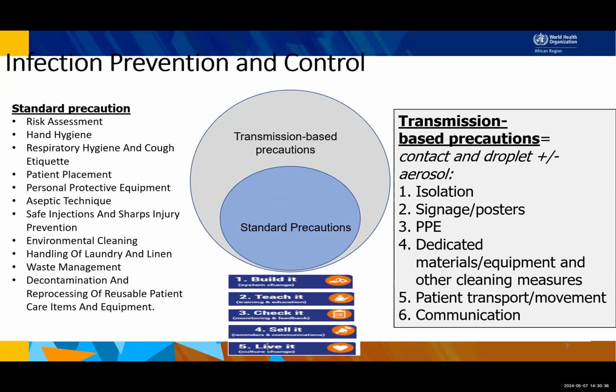These include isolating the case, having signages on IPC precautions that are needed, the PPEs that are needed when one comes into the isolation room, the equipment that is needed needs to be there, and really limiting transport and also communicating to others about this transmission-based precaution.